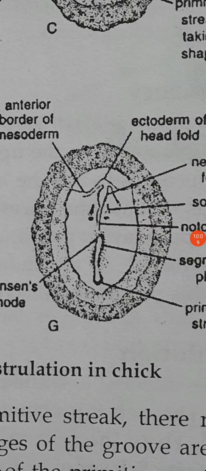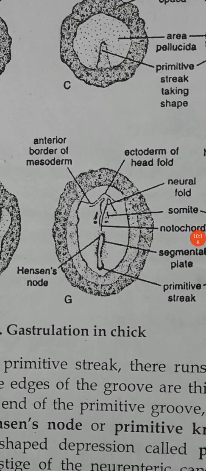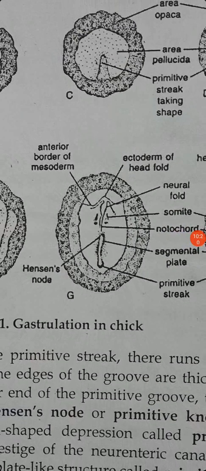Now, the primitive streak functions as a pathway through which organ-forming cells migrate into the interior of the embryo. So now we are towards the conclusion of how these organs get formed. The cells from the primitive streak invaginate into the space between the epiblast and the hypoblast.